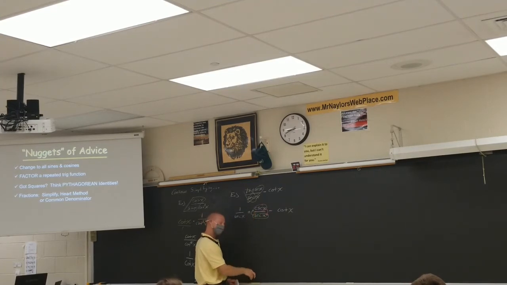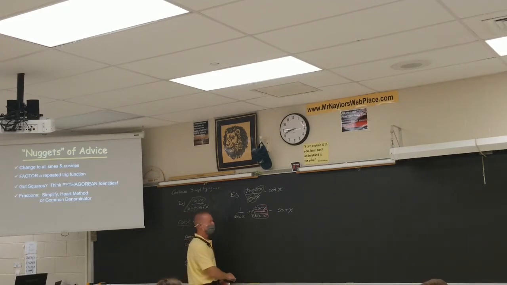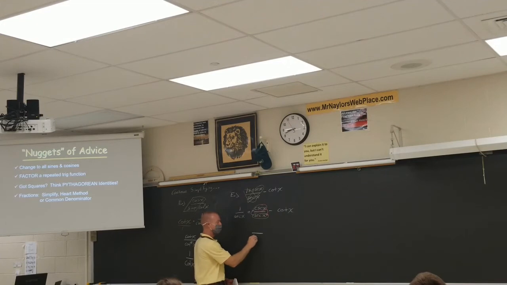As we talked about last time we were together, when you flip these, you change them. So cosecant flips down, but it becomes its reciprocal, which is sine. Same thing with secant. It flips up, but it becomes its reciprocal, cosine.